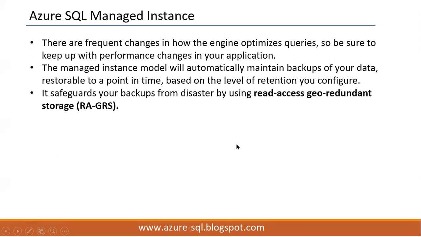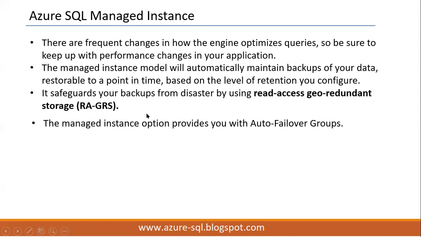Geo-redundant storage means, let's say my database is in one region, one extra copy of the backups is maintained in a different region, and in that second region we can read and access those backups. Even if the complete region collapses, no problem, the backups are in the other region.